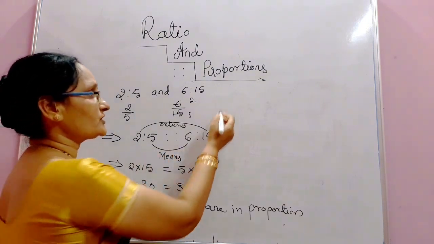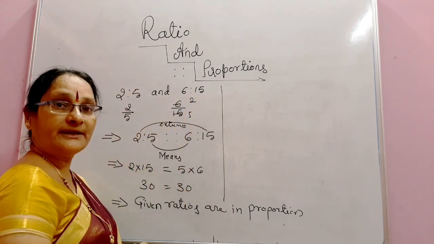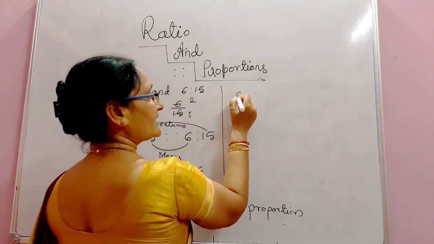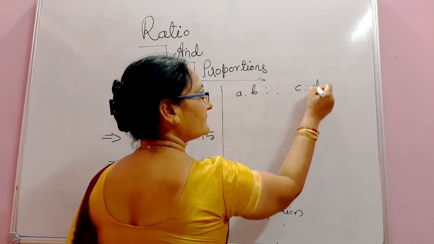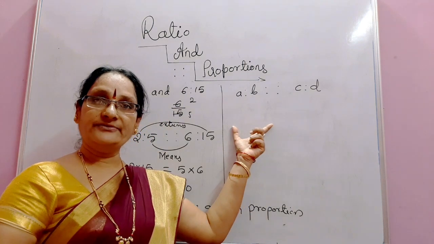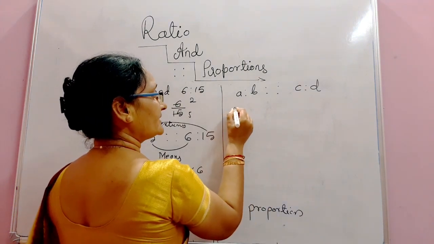Here the important point is the proportion rule. What is that proportion rule? See here, we take these as A, B and C, D. For example, A is to B is as to C is to D. Now very easily we can form the rule of proportion. What is it?